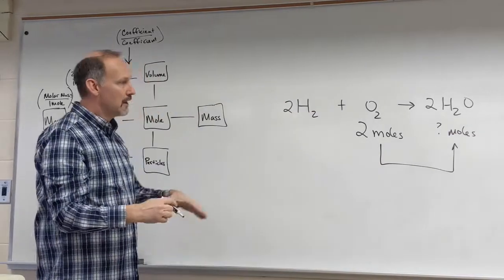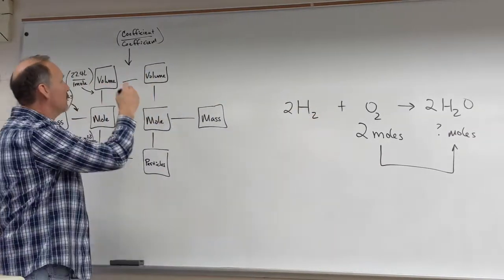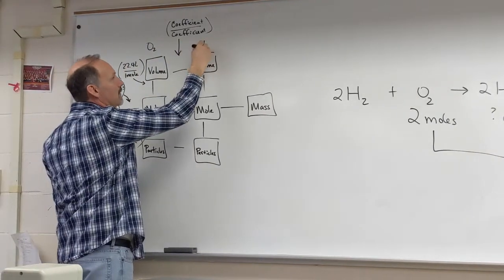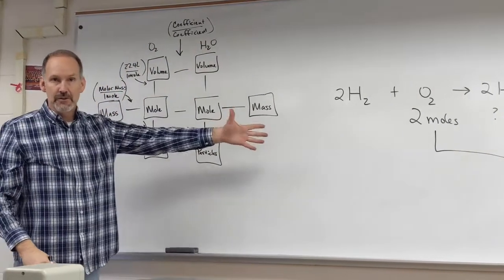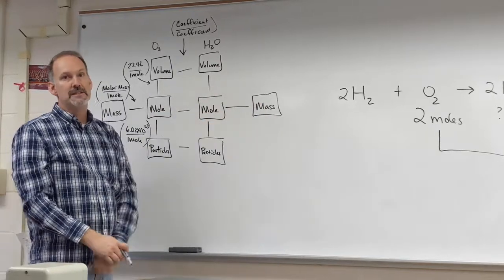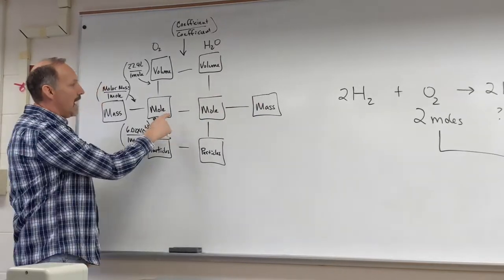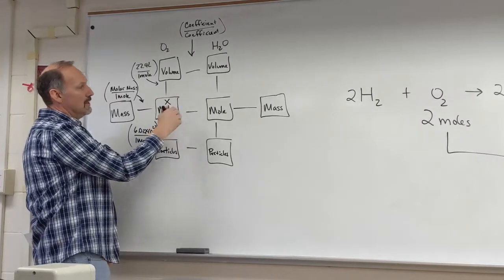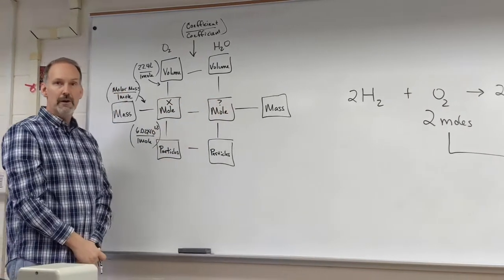So we take our 2 materials, oxygen, we put it above one chart. We put water above the other chart. We're not using hydrogen, so it's not above, we can only do 2 compounds at a time. And our question is, how do we go from moles of oxygen to moles of water?